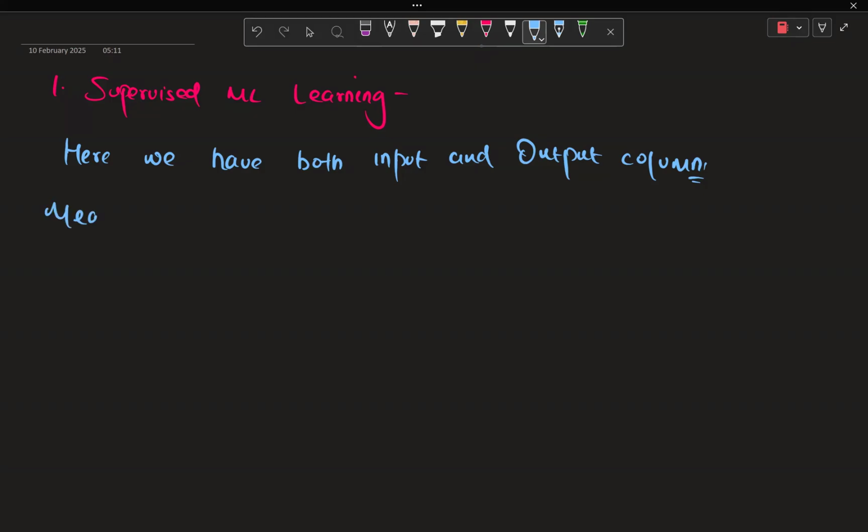Means some sort of supervision is involved. This is called supervised machine learning.